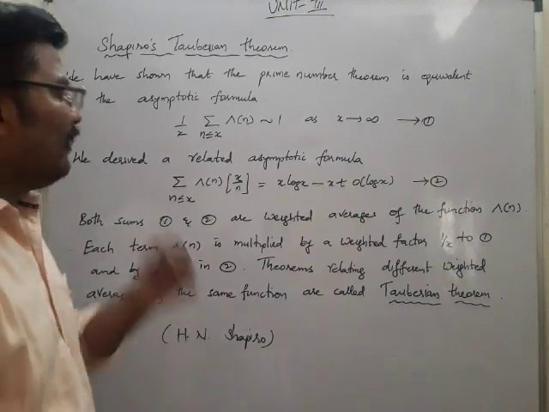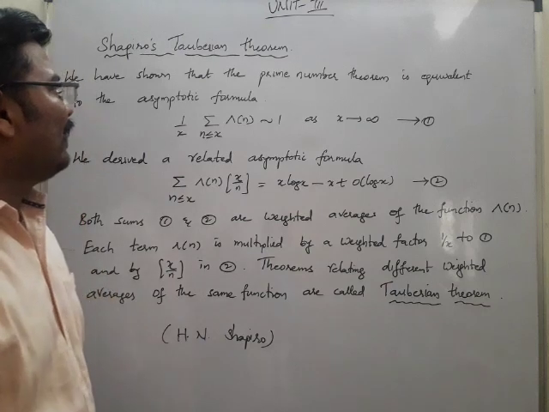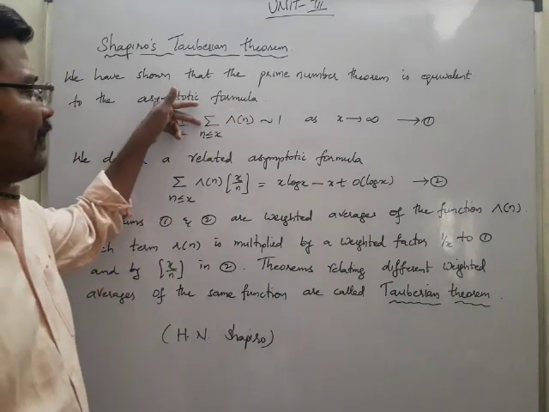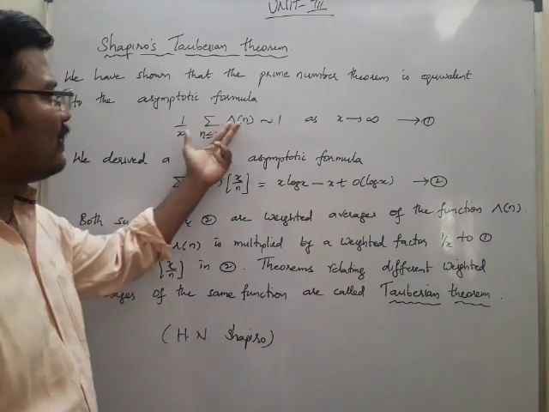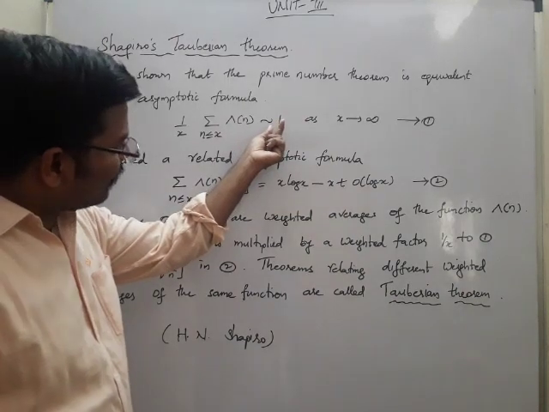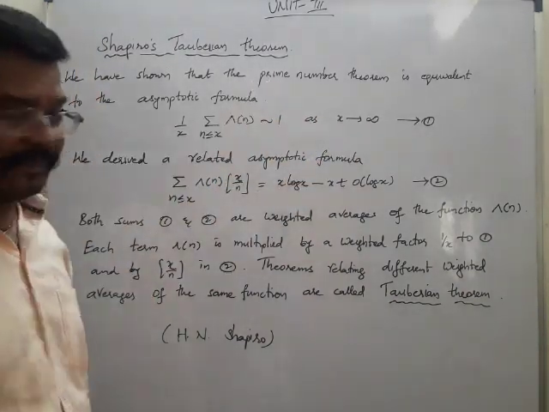We have already done the prime number theorem, which is equivalent to the asymptotic formula like this: 1 by x, summation n less than or equal to x, of lambda of n, is asymptotic to 1 as x tends to infinity. This is equation number 1.